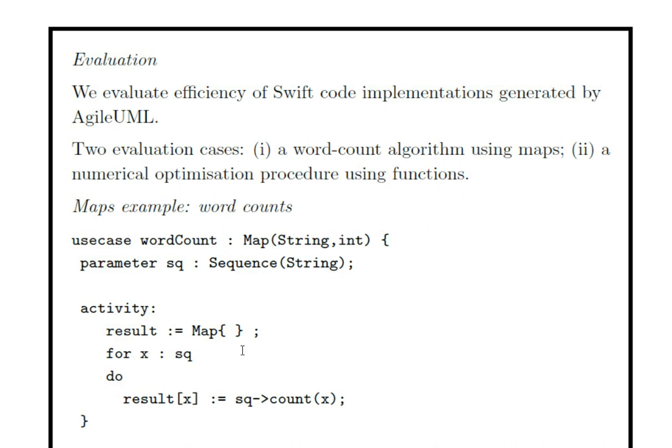Here's one of the test cases, which is a use case of behavior, which takes as input a sequence of strings, and it returns as output a mapping from the string to the count of how many times a given string appears in the sequence. So it iterates through the sequence, setting the result to be the count of the particular element in the sequence.